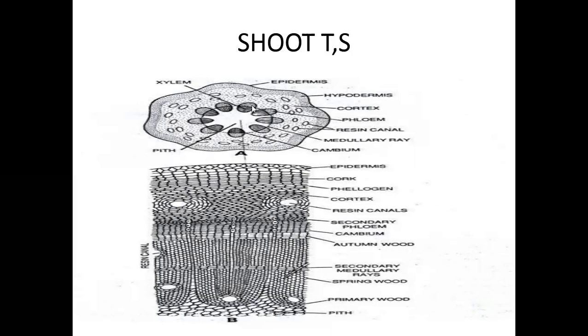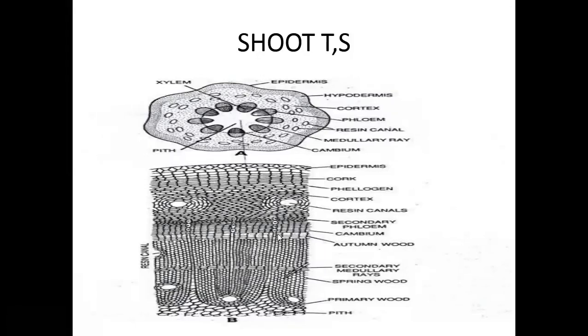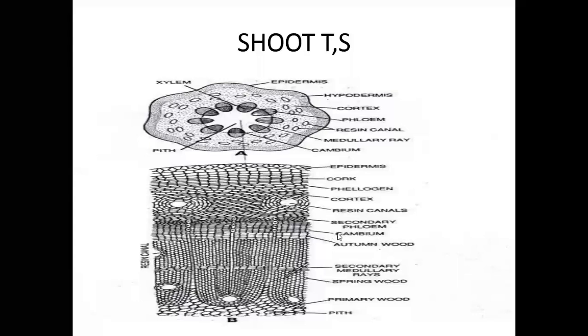Outside of the cambium ring, secondary phloem is developed. Here it is the secondary phloem, and this is the cambium ring. A small amount of secondary phloem is developed outside the cambium ring. Why do we call it secondary phloem?